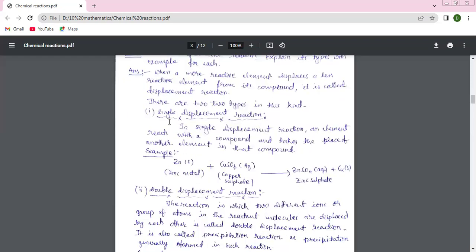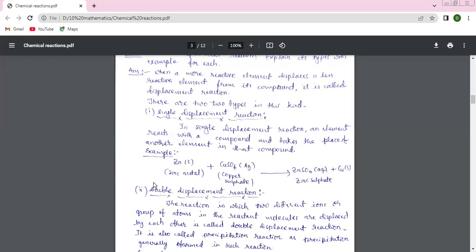Two types of displacement reactions are there. One is the single displacement reaction. In a single displacement reaction, an element reacts with a compound and takes the place of another element in that compound. So the replacement of one element is taken by the other.